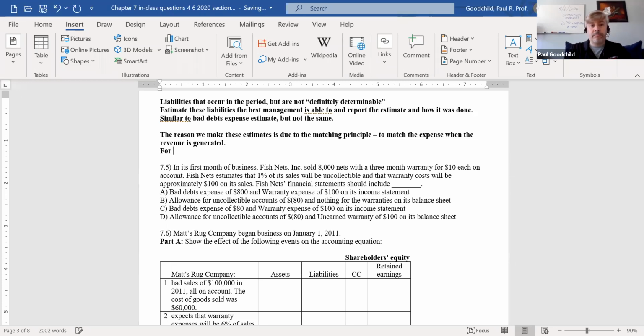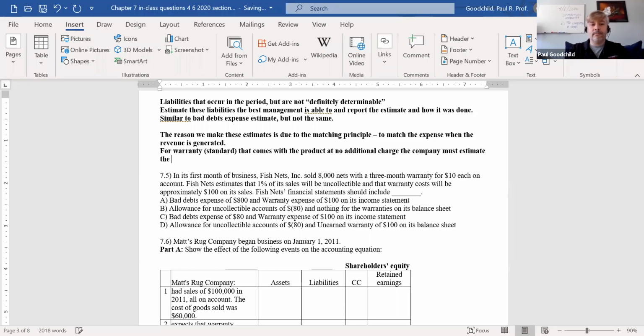So for warranty, which is your standard warranty that comes with the product at no additional charge, the company must estimate the liability.